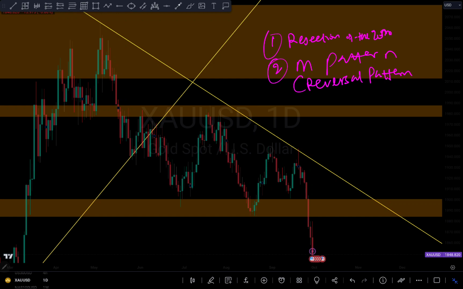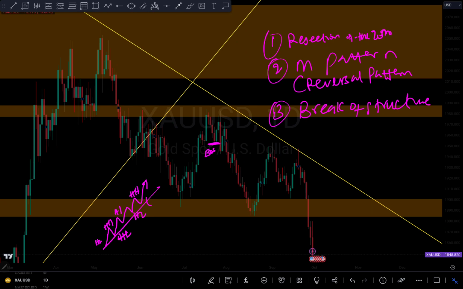Another, third confluence that I can see is there is a break of structure. This right here is a break of structure. Because you know that if we're pushing to the upside, for an uptrend we need this structure right here. This structure determines an uptrend, right? We are seeing a higher low, a higher high, a higher low, a higher high, a higher low.